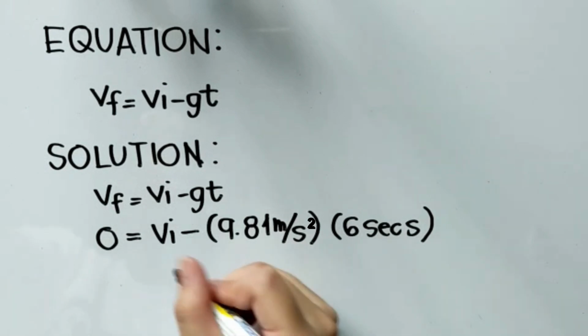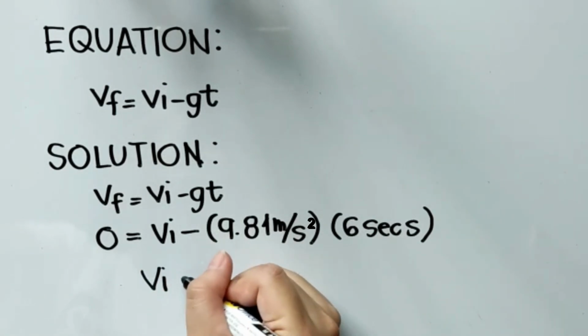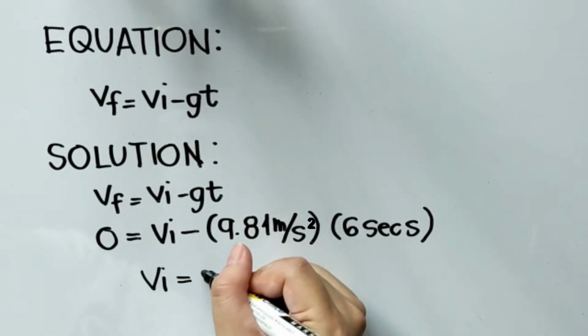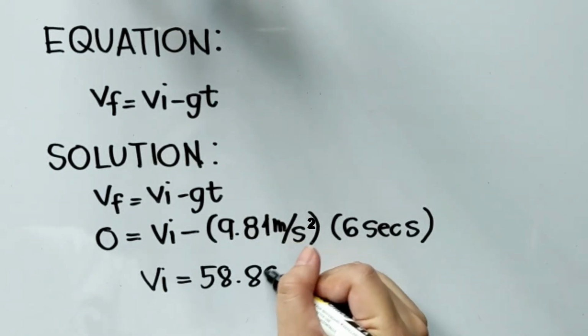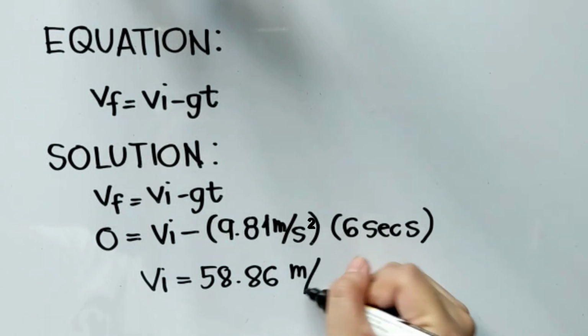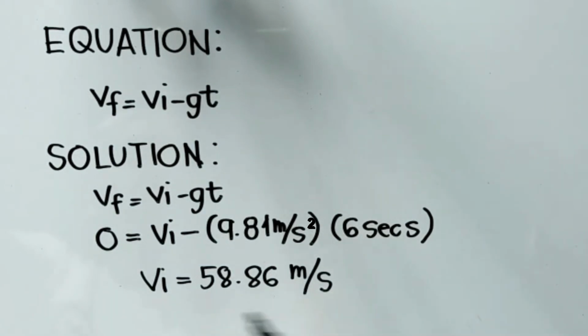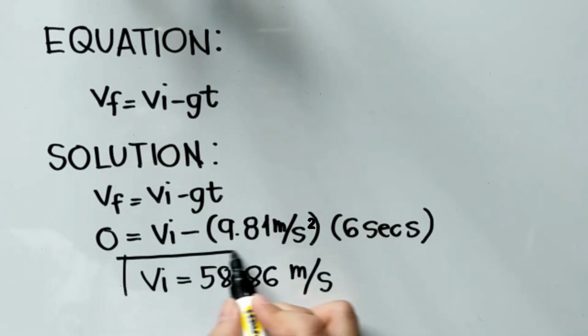Therefore, our initial velocity is equal to 58.86 meters per second. And that's the final answer.